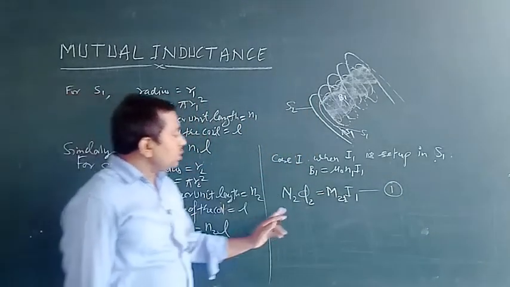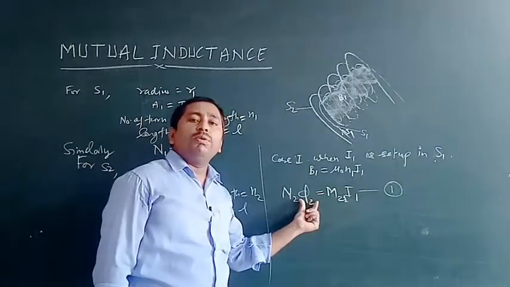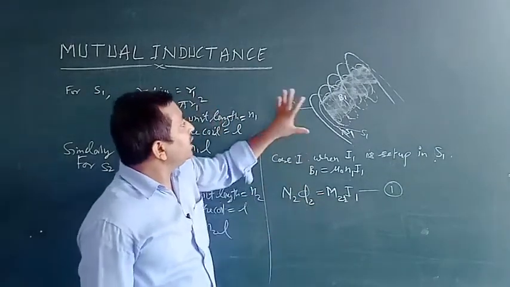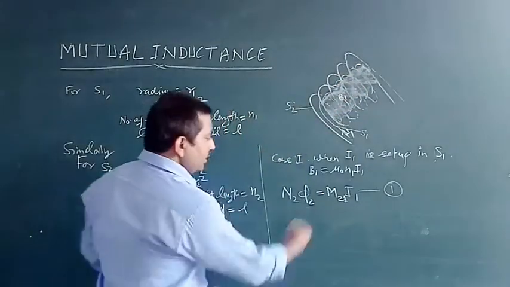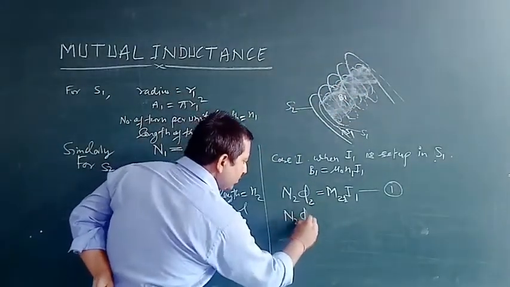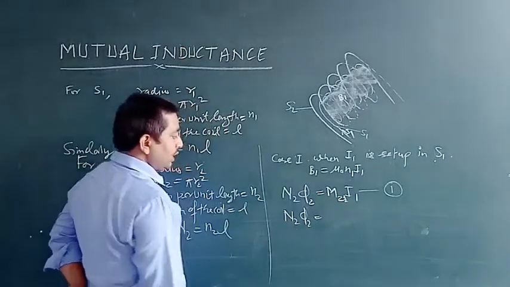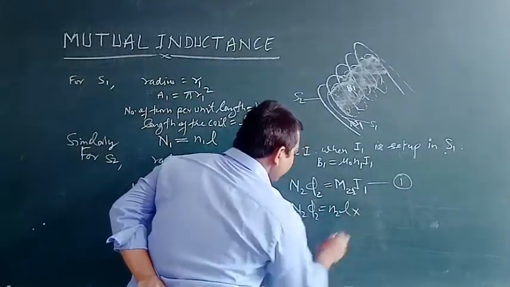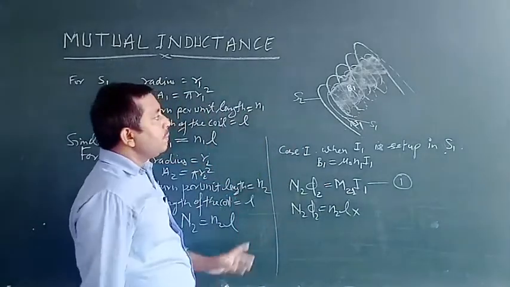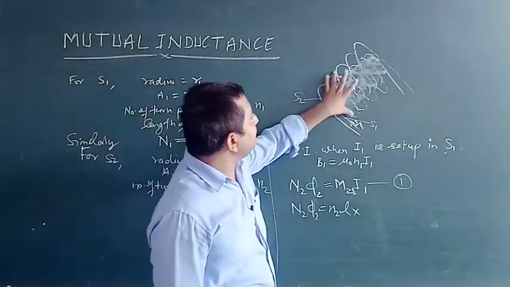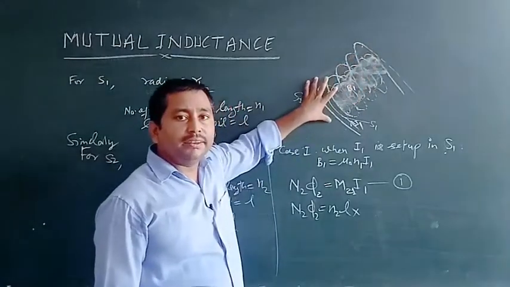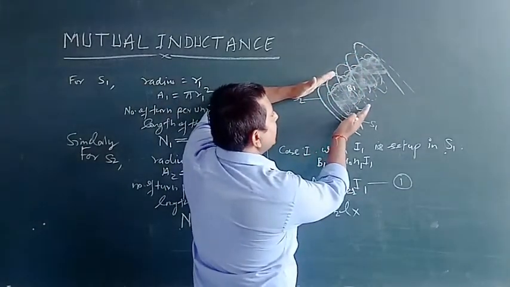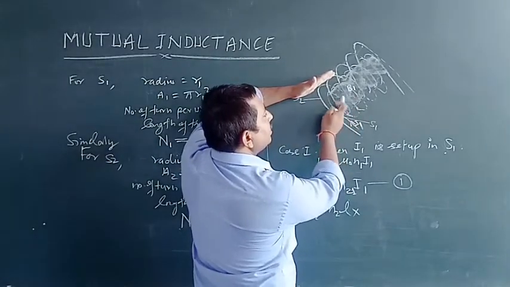So if you want to calculate the value of this linkage flux N2 phi 2 in the second coil, what will be its value? Here N2 is equal to n2 L, and phi 2 is the flux linkage to the second coil. We see that the area of the second coil is larger than the area of the first coil.